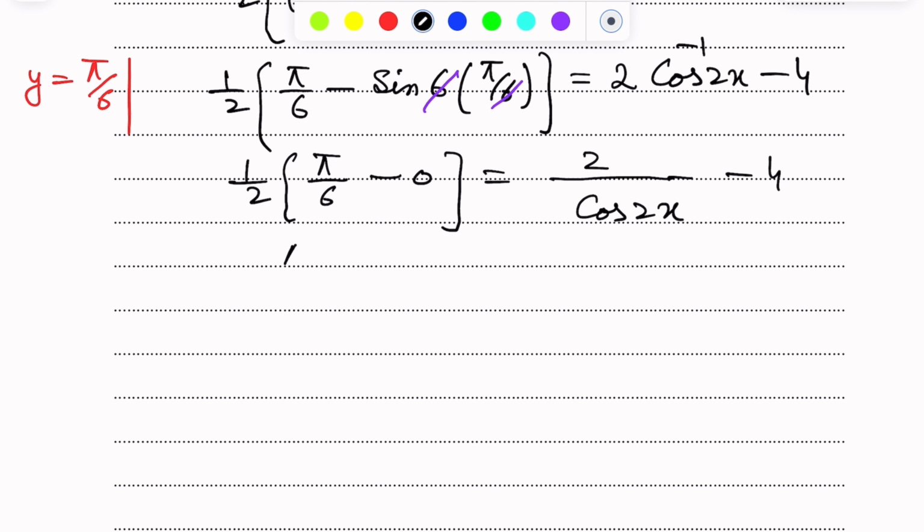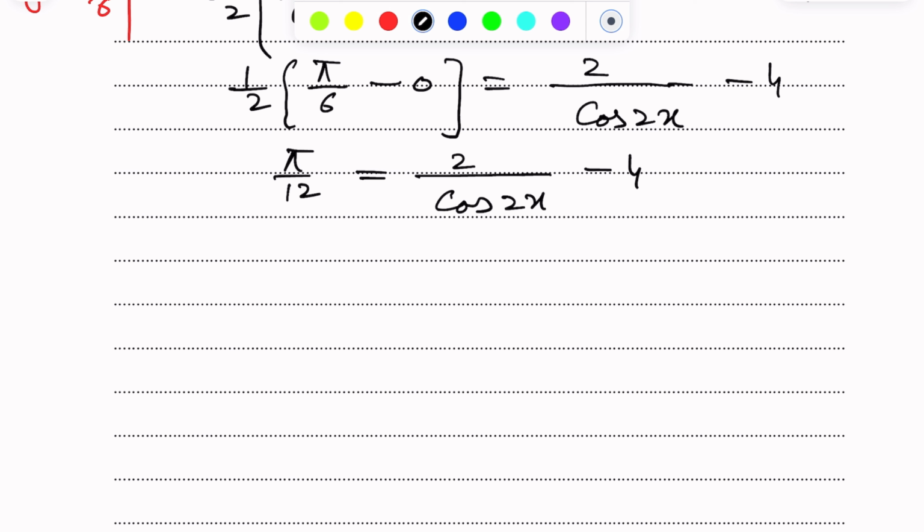Further simplifying, pi by 12 on the left hand side is equal to 2 over cos 2x minus 4. Rearranging this, pi by 12 plus 4 is equal to 2 over cos 2x.